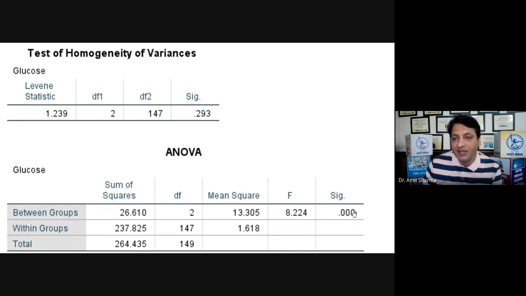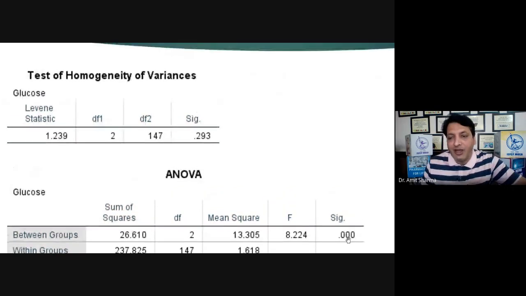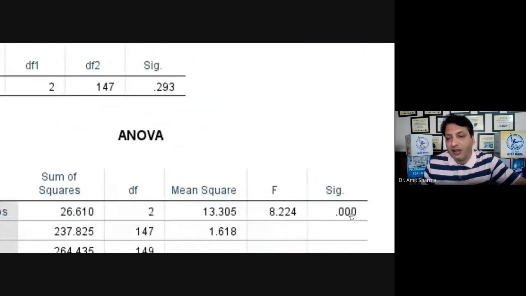And here you can see that we have got a p value which is less than 0.05. It is 0.000, so I will say it is 0.001.